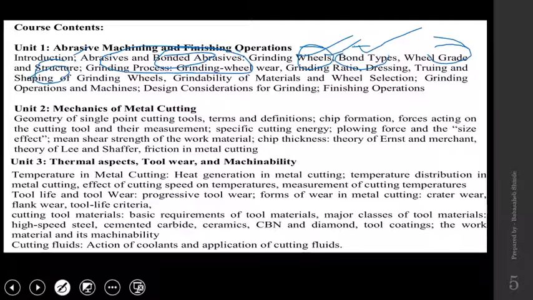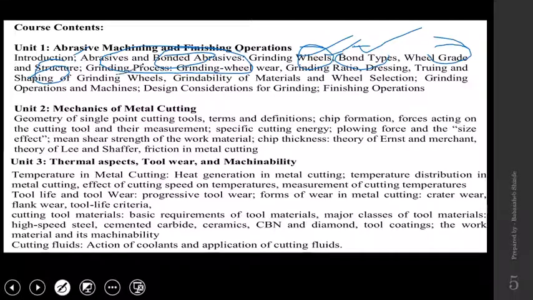Grade means whether it is a hard wheel or soft wheel. Structure means whether it is dense or open, in the sense of the number of abrasives in that grinding wheel. If abrasives are very closely packed, with a large number of abrasives, then we can say the structure is dense. When the number of abrasives is less, the structure will be open.